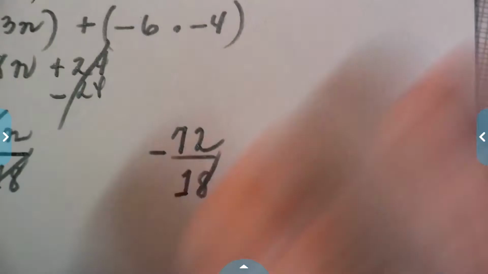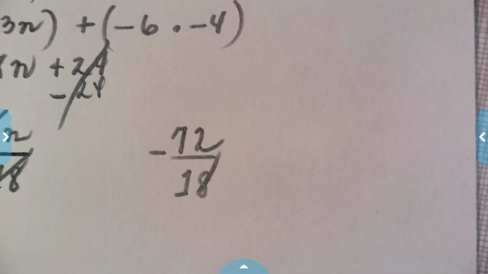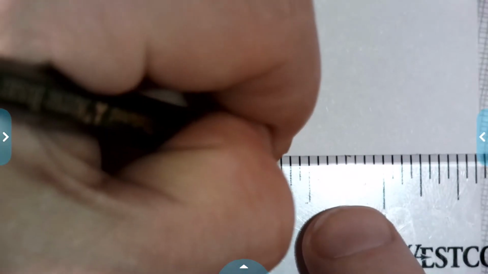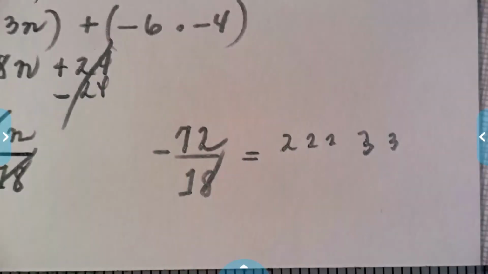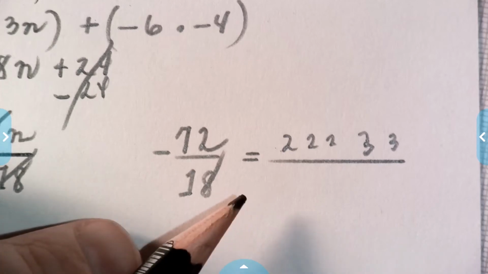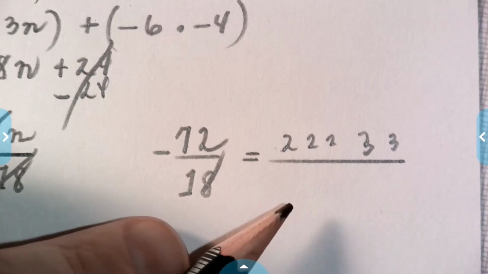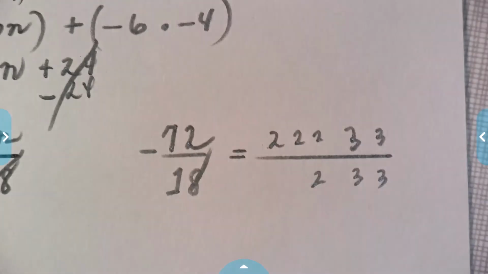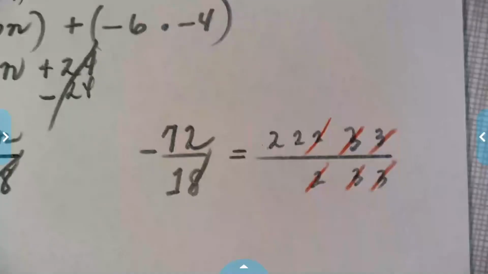Okay. Well, 72 is 9 times 8, which is 3 times 3 times 2 times 2 times 2. That's the prime factorization there. And then 18 is 3 times 6, right? So that's 2 times 3, which is 6 times 3. So 2 times 3 times 3. See the power of this prime factorization? Because now I can just go in here and say cancel, cancel, cancel, cancel, cancel, cancel.